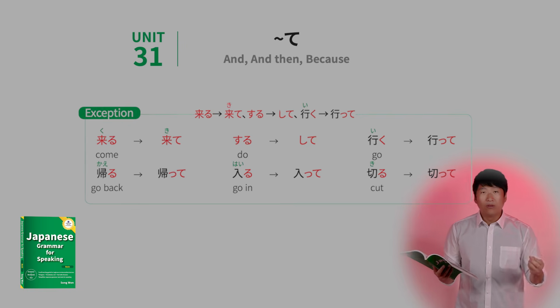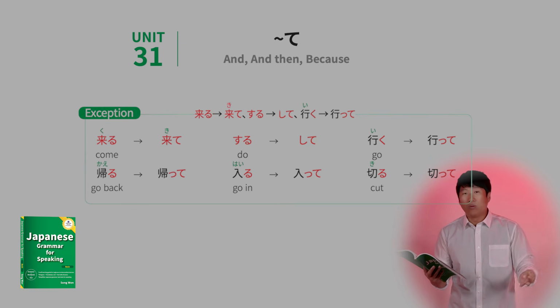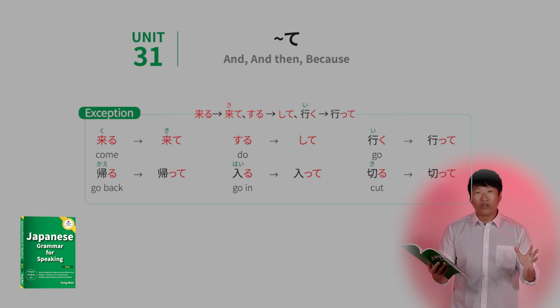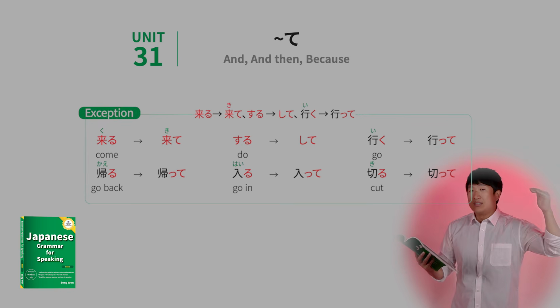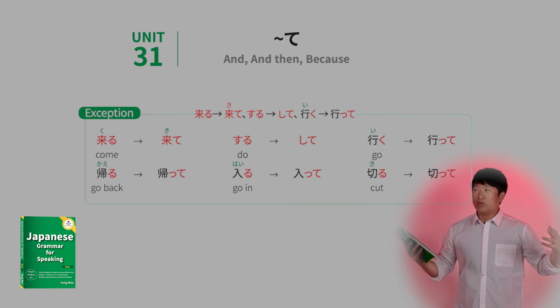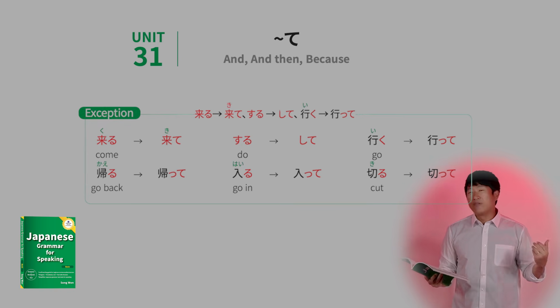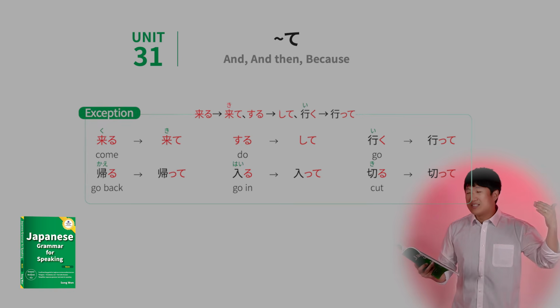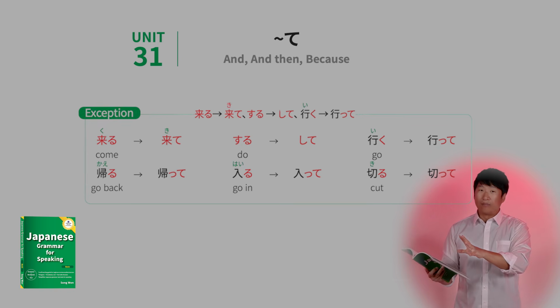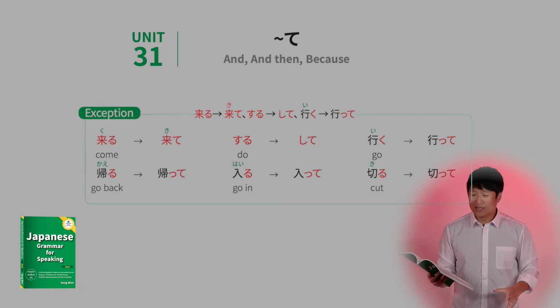But for now, we want to use it as "and then" or "because" in this unit. So this te grammar will keep coming up. I think we have more than 14 grammar points in this book that start with this te grammar. So you must memorize this.